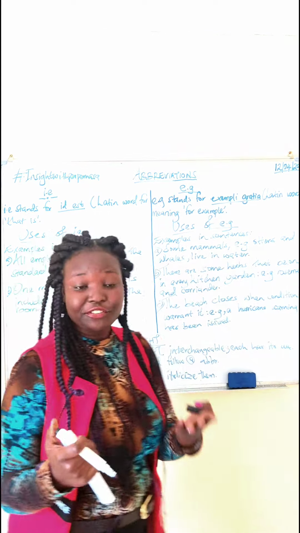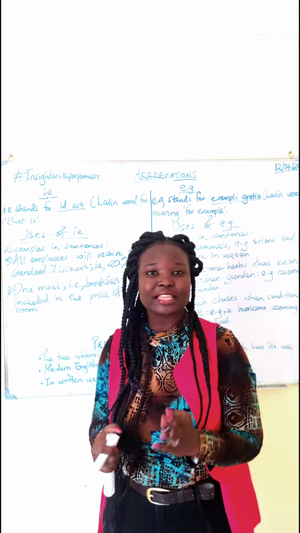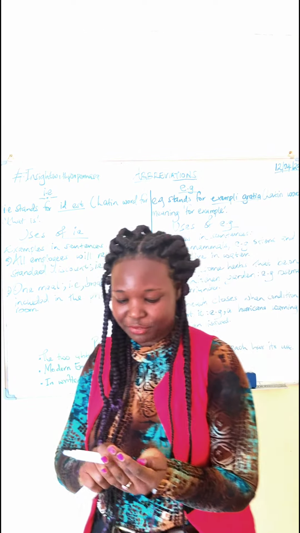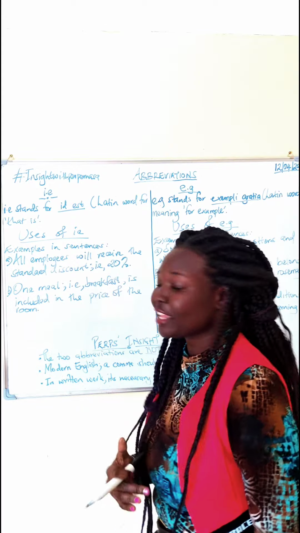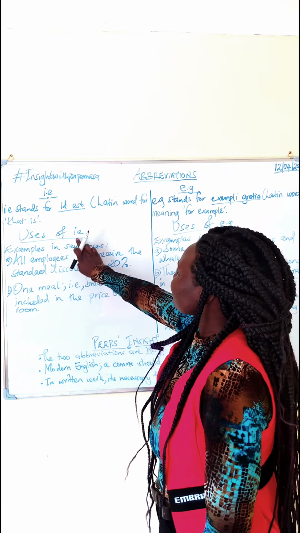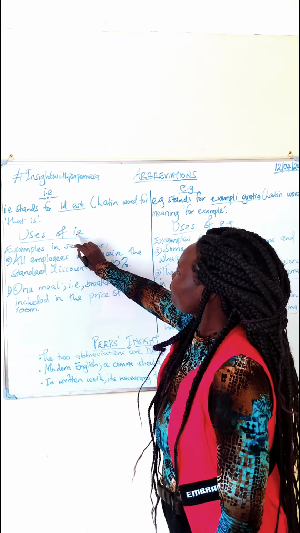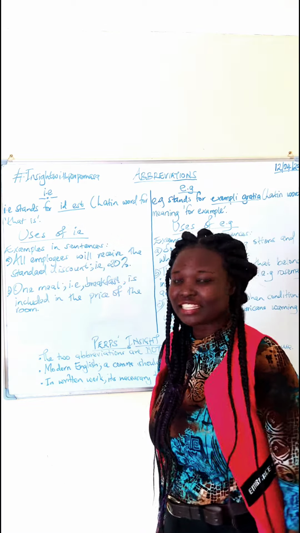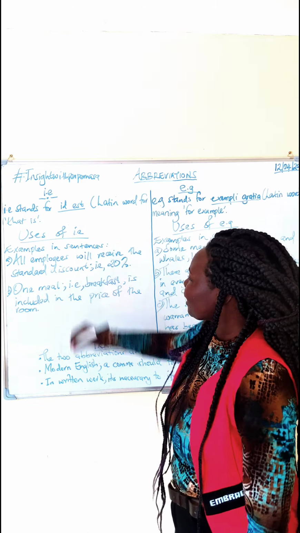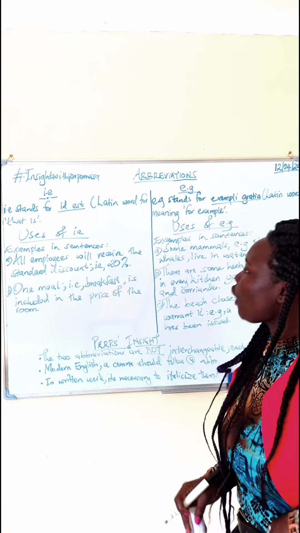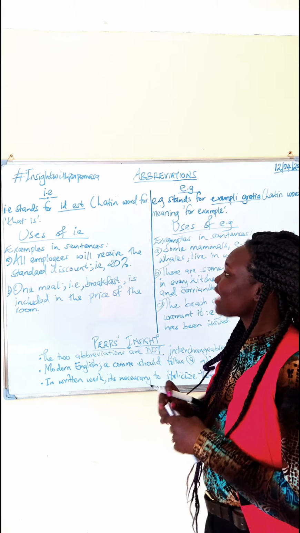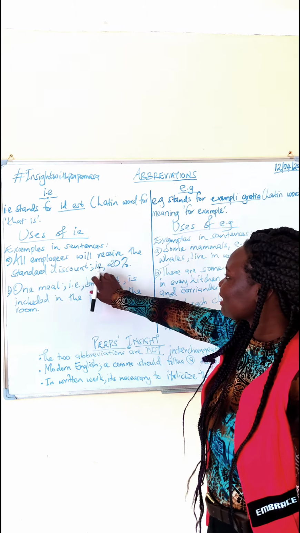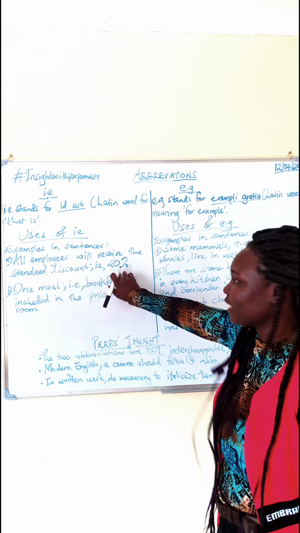So let's look at the differences in terms of examples, and there is no better way to learn these concepts other than using them in examples. So what are the uses of IE? We already said that it stands for that is. Look at this example: all employees will receive the standard discount, that is 20%.